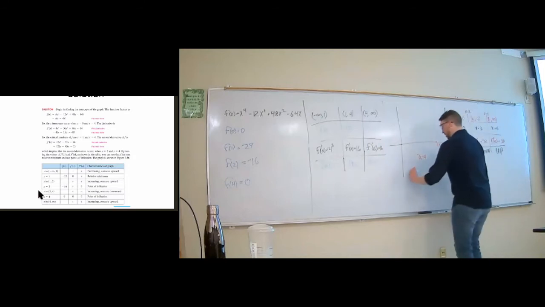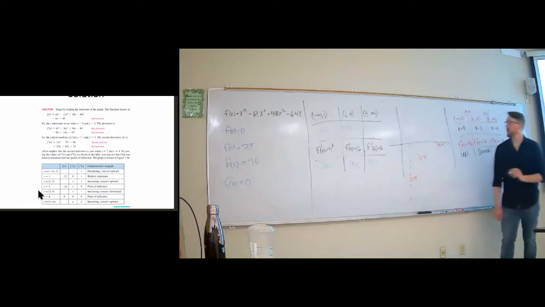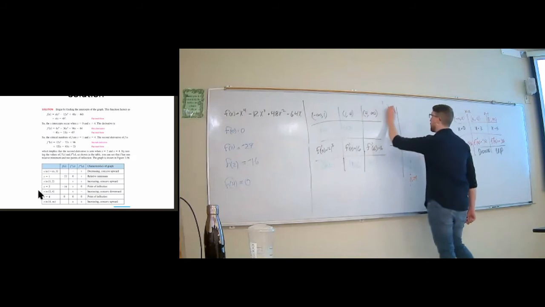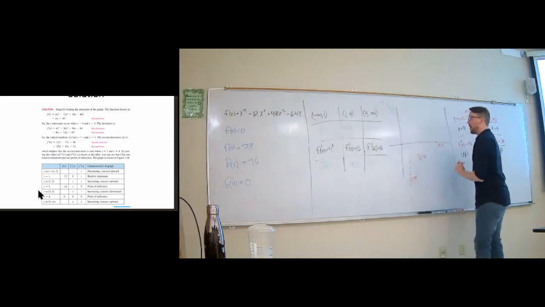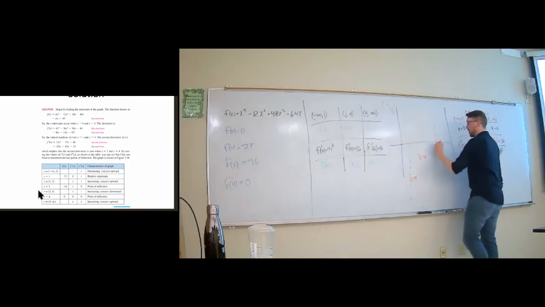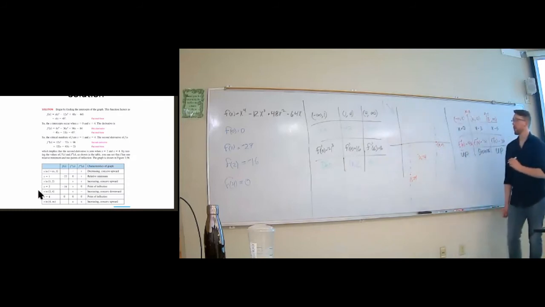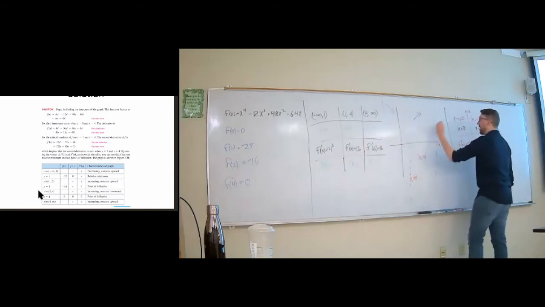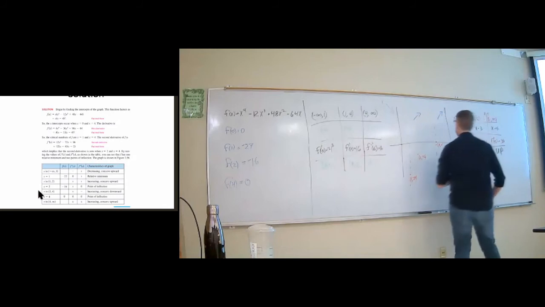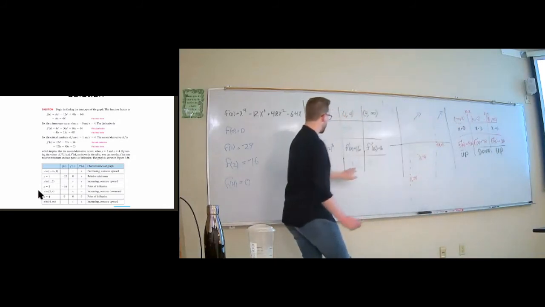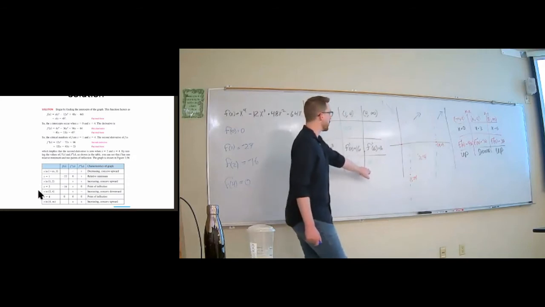Now we know that everything to the left of this blue dotted line is decreasing. Coming over to 4, we know everything is increasing. And after that, everything is increasing. Right? That's just from our first derivative test.